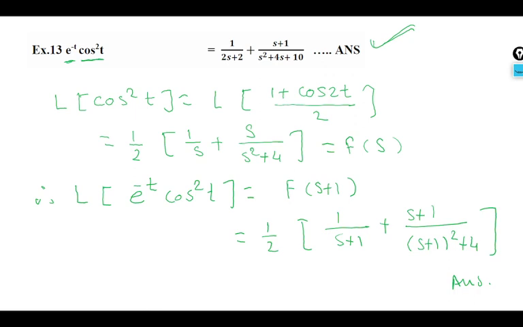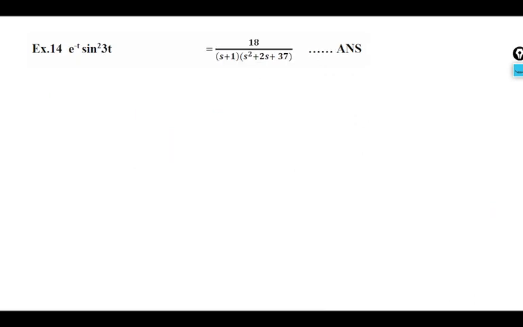Okay, so the next one then, we want the Laplace of exactly parallel to that. So first the Laplace of sine square theta.